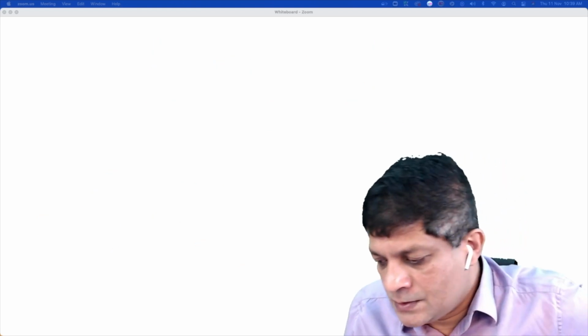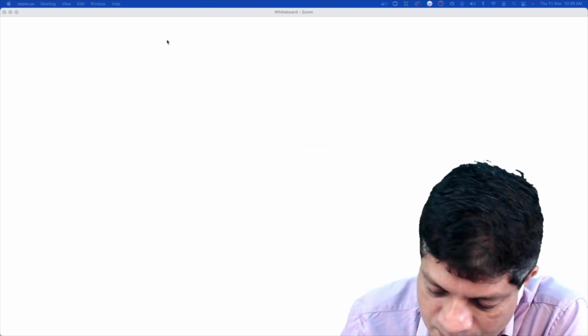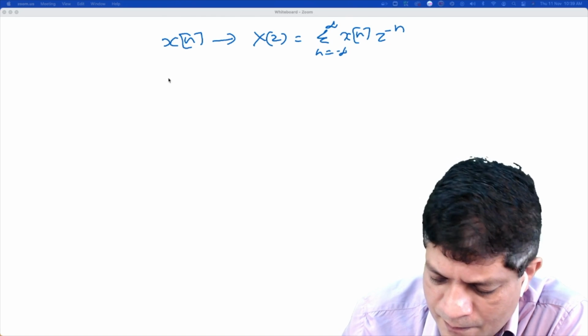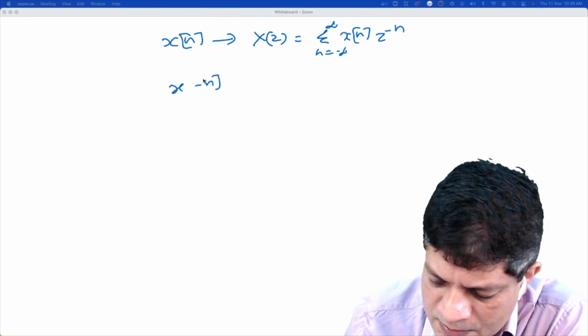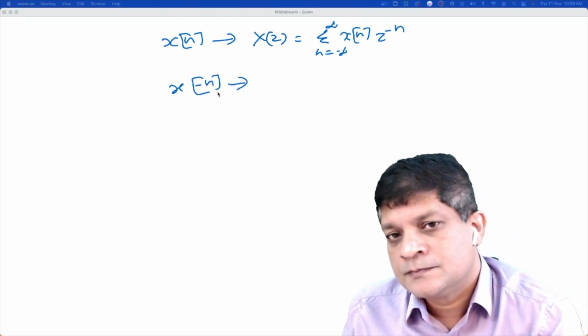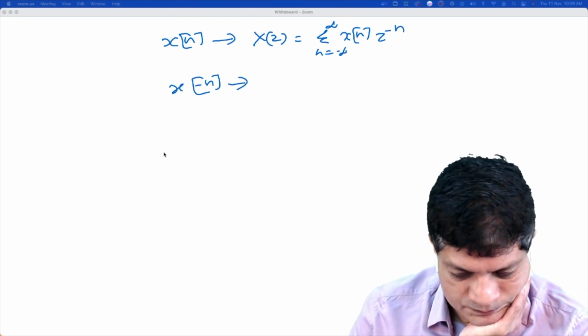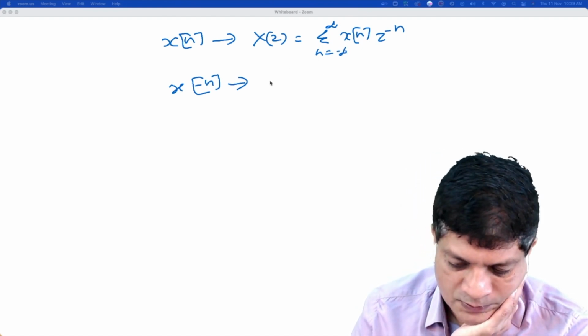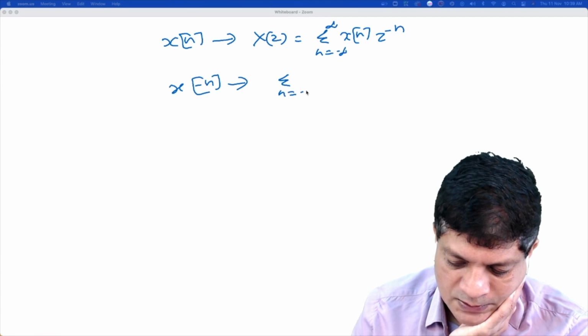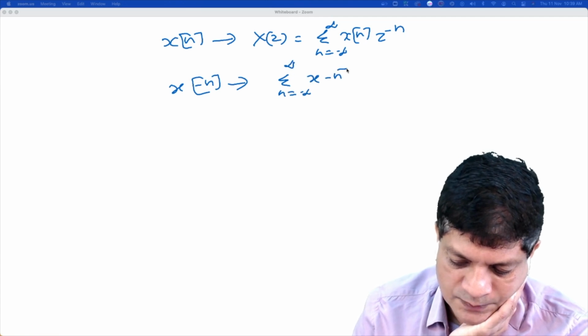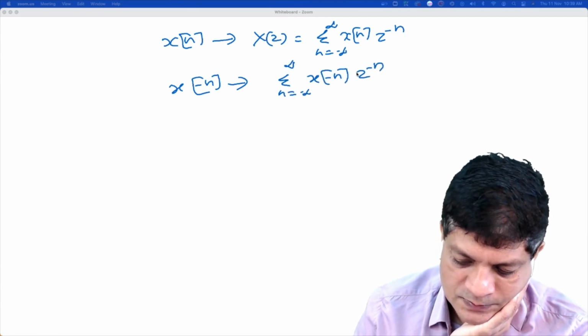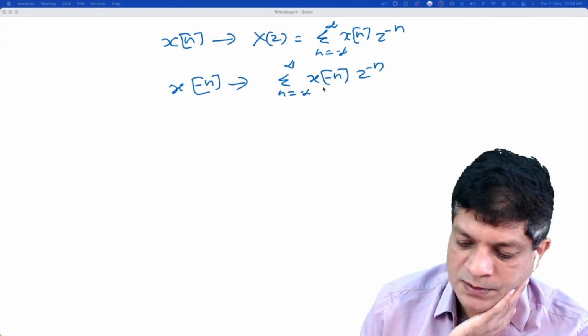Okay. The next property is the time reflection property. What about x[minus n]? That is the summation from minus infinity to infinity of x[minus n] z to the power minus n, isn't it? That is the z transform.